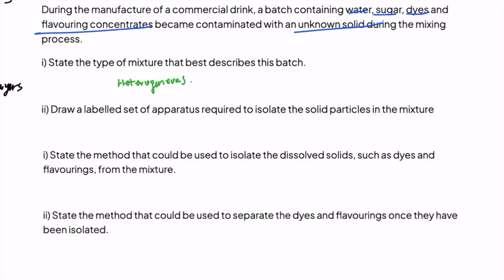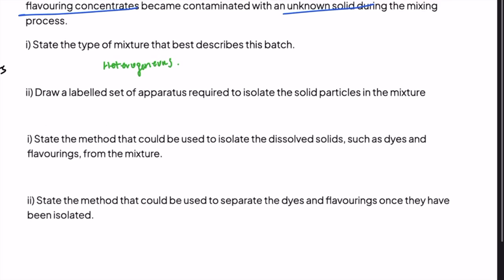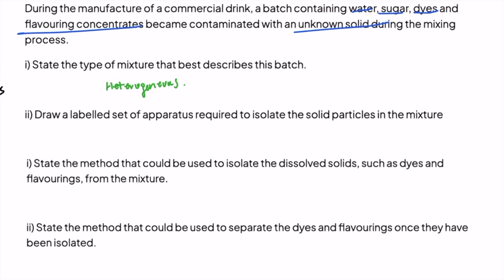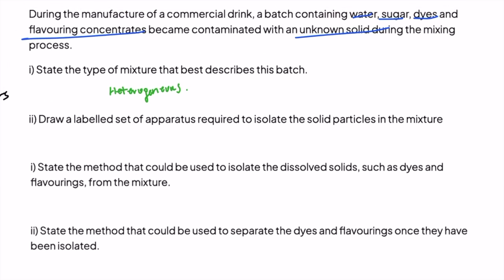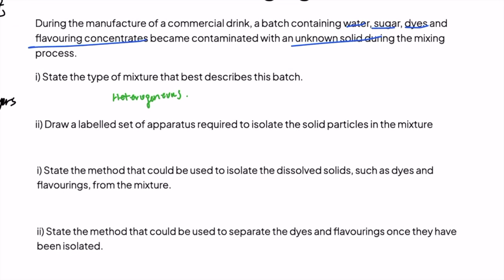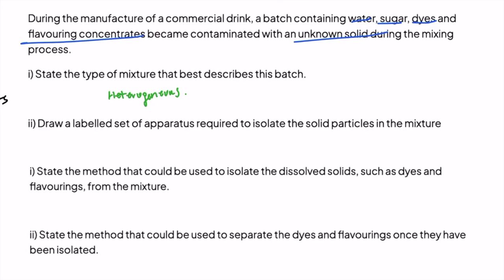Draw a labeled set of apparatus required to isolate the solid particles in the mixture. So, as we can see, there is a solid, and through this we can assume that it is not miscible because it has different phases within. So, when we have a solid within a liquid, within a solution, and it says to isolate only the solid particles, I think we can tell that we can use filtration.